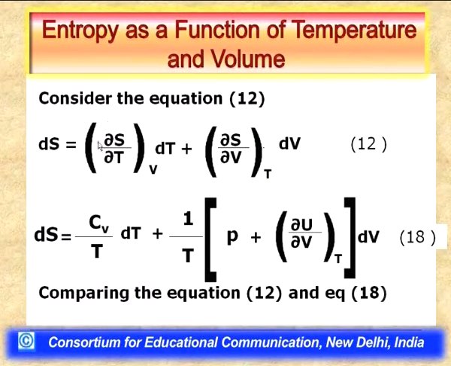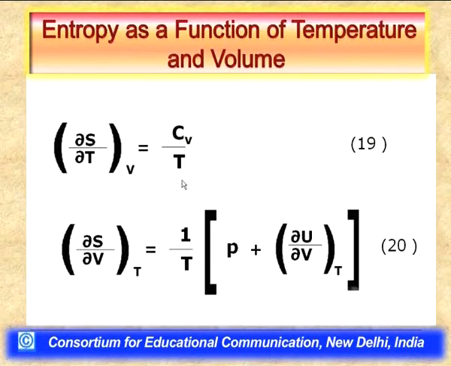If so, we can say these differential coefficients, which we cannot evaluate experimentally, now have a theoretical method of evaluation. The differential coefficients delta S delta T constant V and delta S delta V constant T, by comparing the two equations, become equal to Cv by T, and 1 by T P plus delta U delta V constant T, like this.